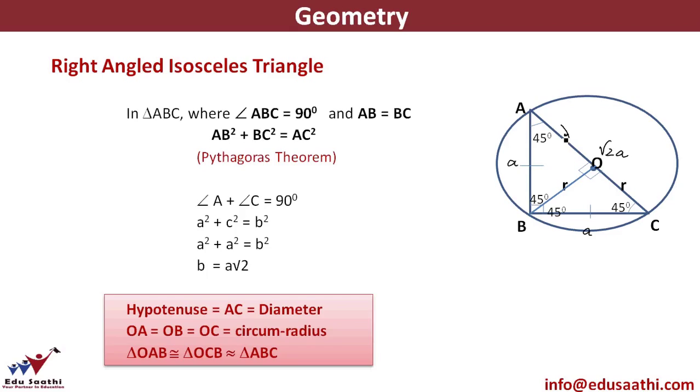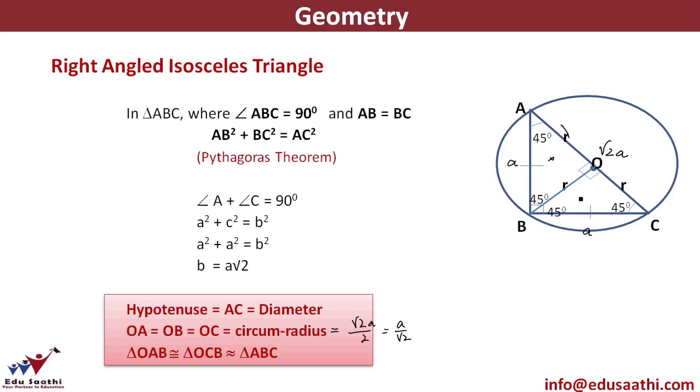Here again the thing that we have just done, OA, OB and OC will act as the circumradius. Now if I look at it here, the circumradius will be equal to half of the diameter, so root 2a by 2, or it will be equal to a by root 2. The triangles that we get here, OAB and OCB, they are congruent.